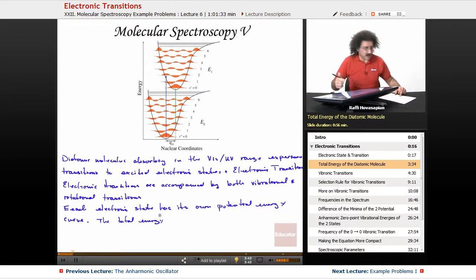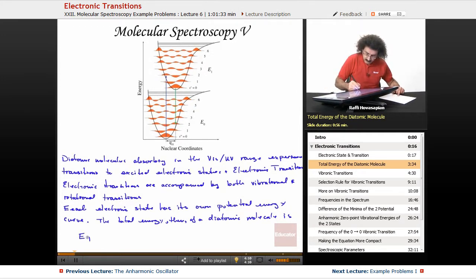The total energy then of a diatomic molecule, leaving off the translational energy, leaving off the energy of motion, and we're just going to be concerned with the electronic energy, the vibrational energy, the rotational energy of the molecule is E total.